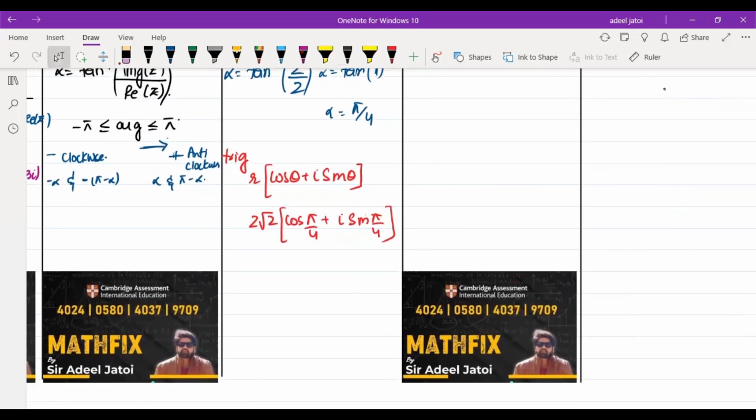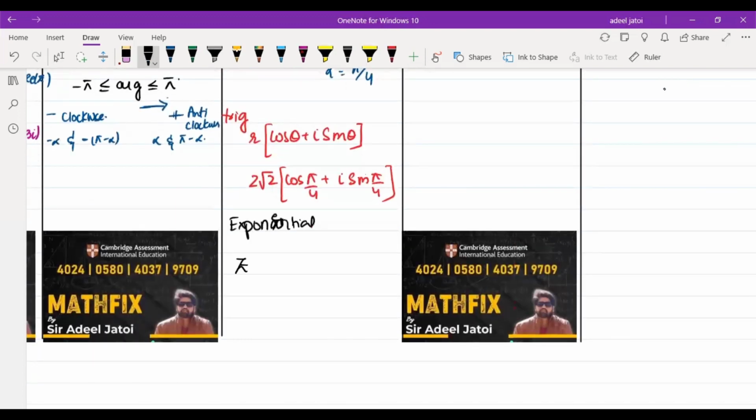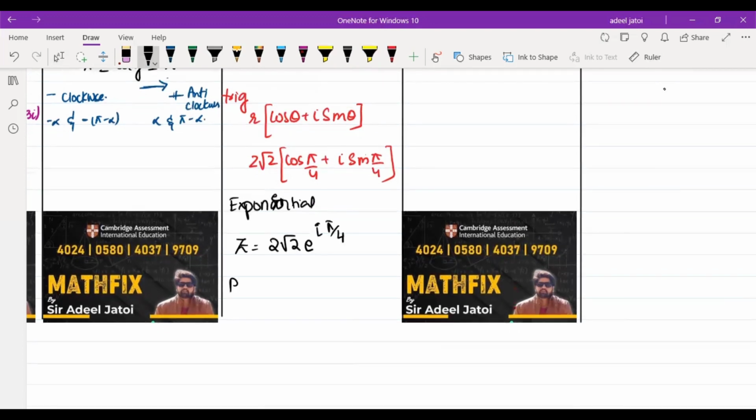Similarly, your exponential form was there, and in the exponential form this will be 2 under root 2 e to the power iota pi upon 4. Similarly, there was another polar form, and your polar form will give me the answer as 2 under root 2 angle pi upon 4.